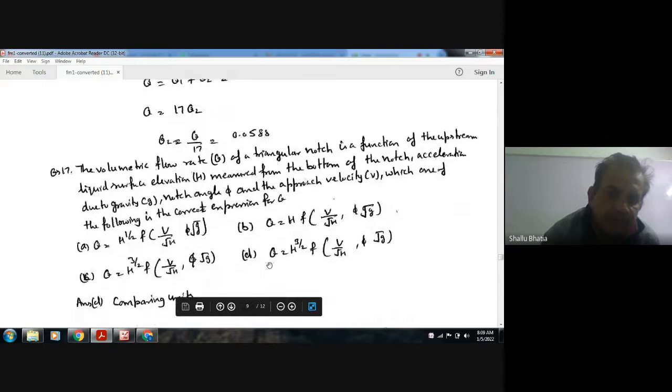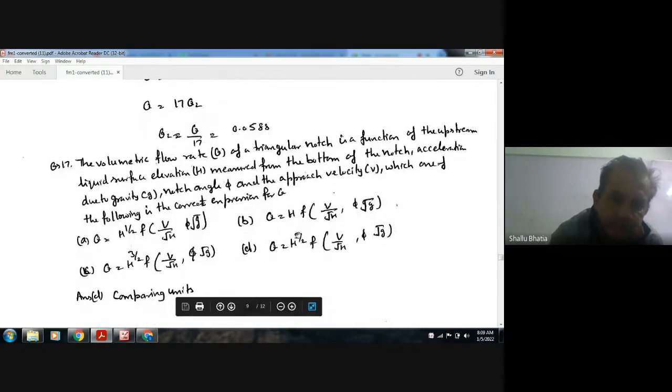Next question. The volumetric flow rate of a triangular notch is a function of upstream liquid surface H measured from the bottom of the notch, acceleration due to gravity g, and notch angle phi.